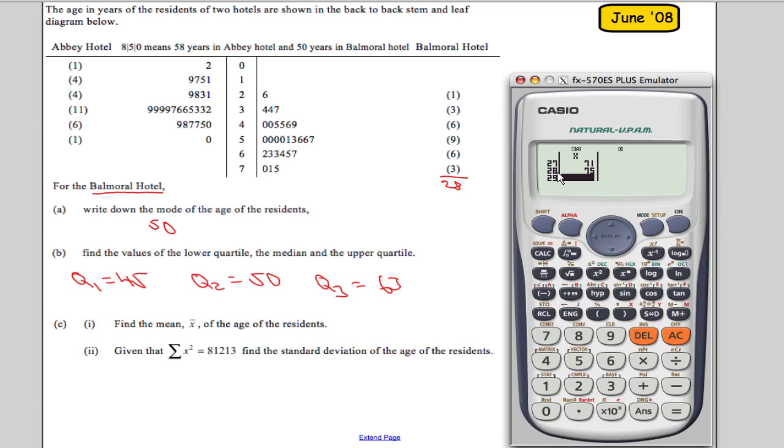And you'll also notice here that on my calculator it says 28, which means there's 28 values put in. We had 28 in total, so I'm fairly confident that this will be correct.